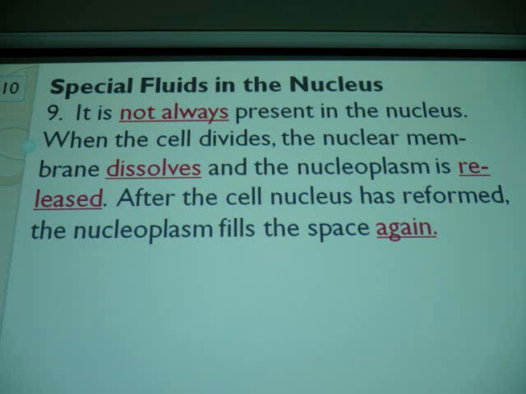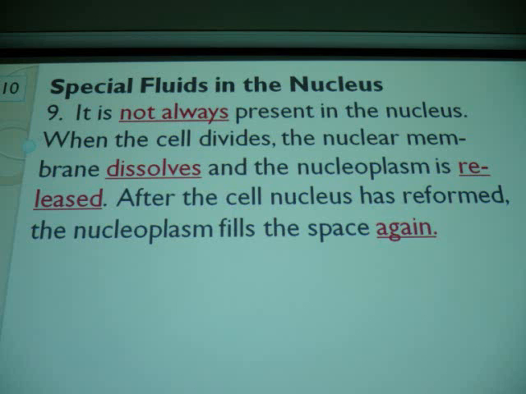So I must remove that nuclear membrane. Then I can take the spindle, and I can pull half the chromosomes this way and half of them that way, and the cell divides. When I get done, I've got two brand new cells, which look just like the cell that divided to make them. And that's all part of this nucleoplasm job.